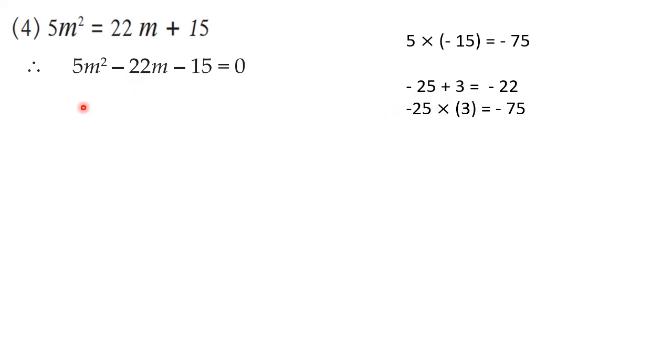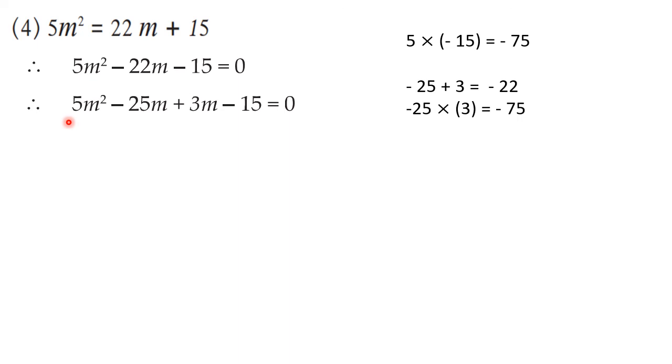So the next step is 5m square minus 25m plus 3m minus 15 is equal to 0. See, first term and last term we are copying as it is. Only we are splitting the middle term. Minus 22m is written as minus 25m plus 3m. Okay.